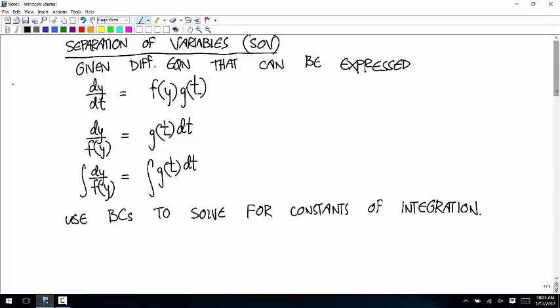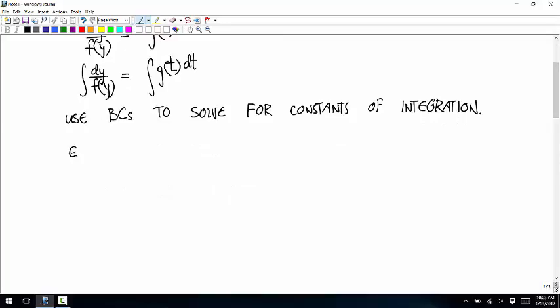So here's an example. Let's say we want to solve y dot is equal to y squared t squared, where when time is equal to 0, y is equal to 10.